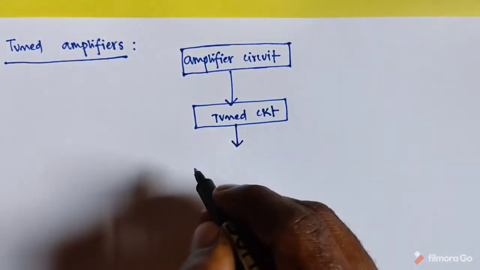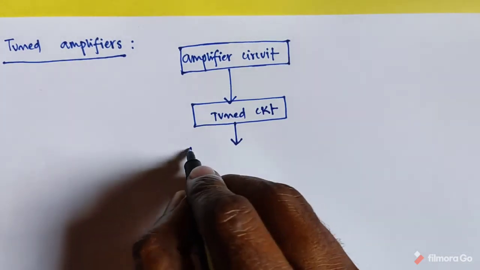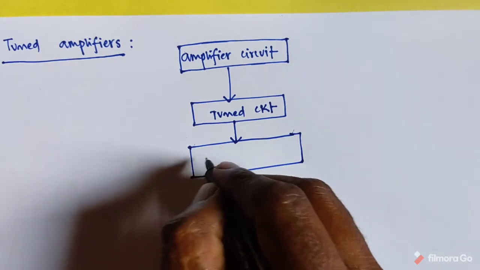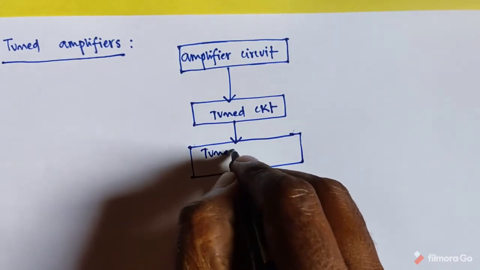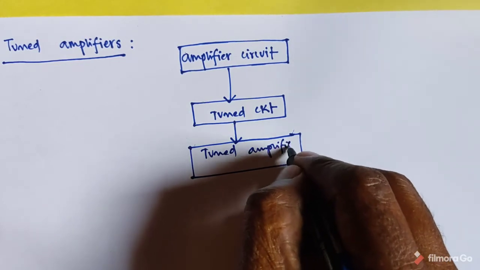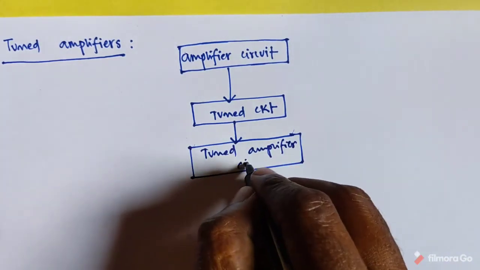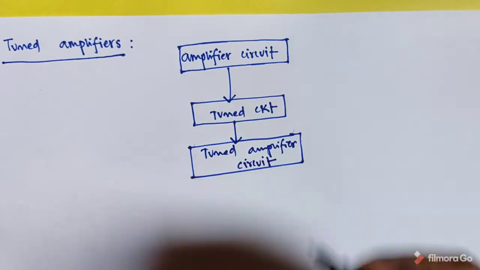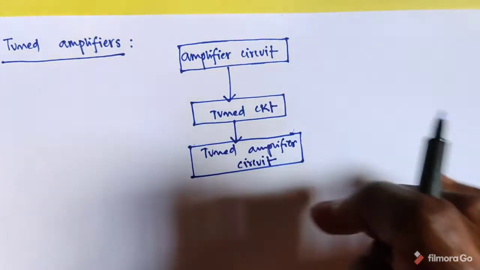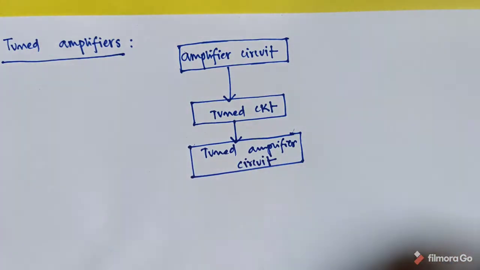After that we will get the tuned amplifier circuit. So these are the basic steps to design a tuned amplifier, the basic circuit diagram of a tuned amplifier.